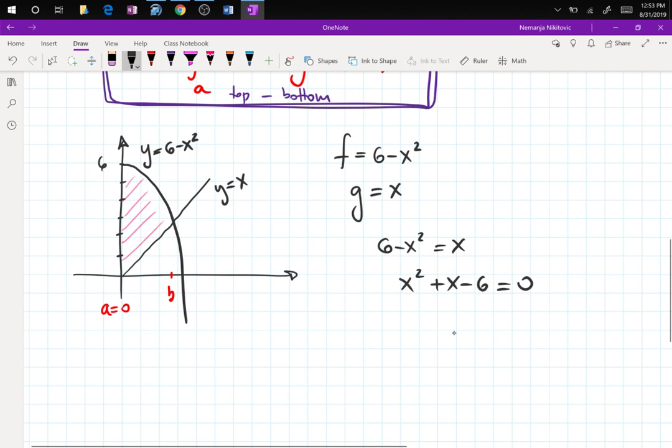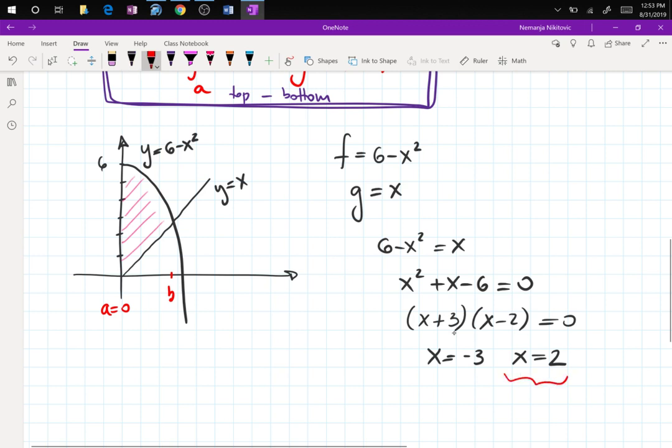And we can factor this. Woohoo. x plus 3, x minus 2 equals 0. x is negative 3, x is positive 2. So what's b? B is going to be positive 2.